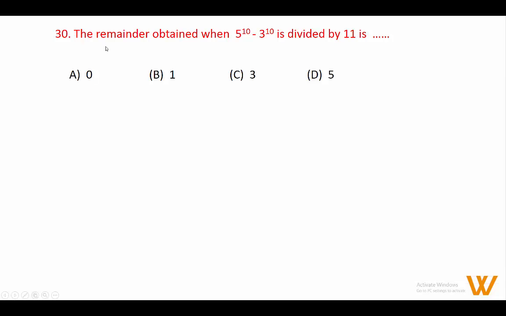30. The remainder obtained when 5 raised to 10 minus 3 raised to 10 is divided by 11 is dash dash. Fermat theorem: if p is a prime number and p does not divide a, then a raised to p minus 1 is congruent to 1 mod p.